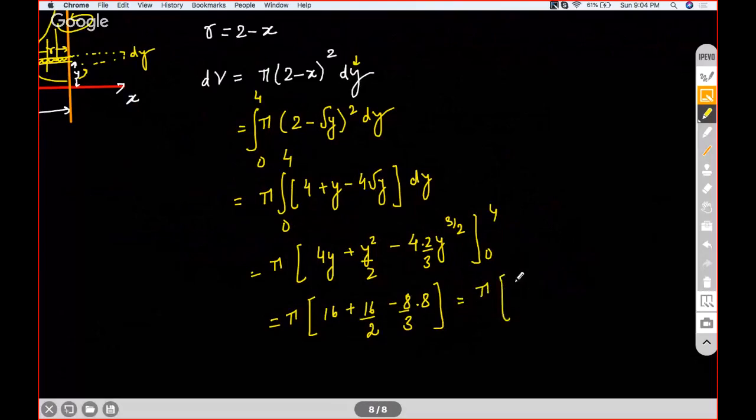So I'm getting something like 52 pi plus 24 pi. Oh no, I took the 4 outside for some reason. Okay, so you'll get 8 pi by 3.